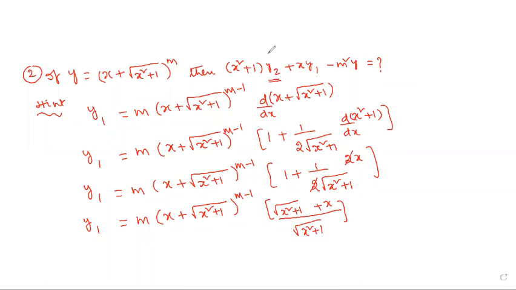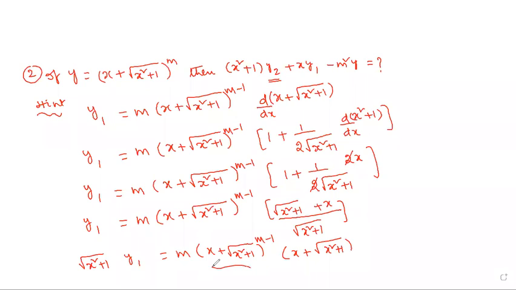Denominator is a function, so immediately cross multiplication. Root over x square plus 1 into y1 is equal to m into (x plus root over x square plus 1) whole power of m minus 1, into this x plus root over x square plus 1.